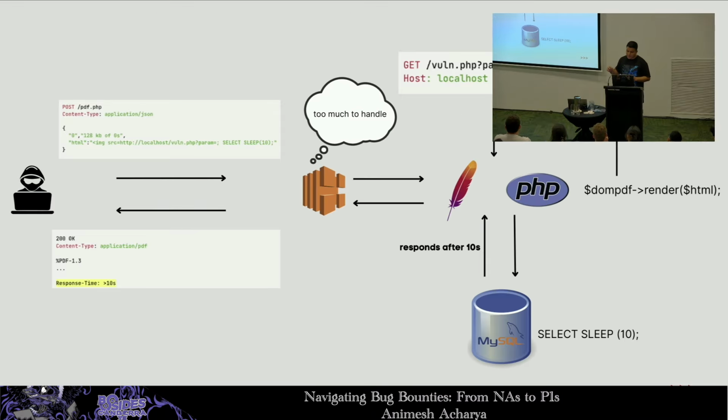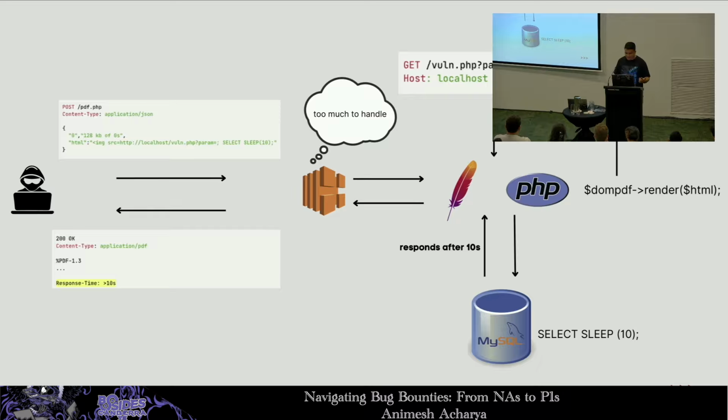And when it reaches the server, it's going to be too much for the WAF, so it's not going to see anything after the lot of zeros that we have at the start. The PDF converter is then going to try and fetch the GET request, and our SQLi will be triggered on the server side, because the PDF runtime will just make the GET request to localhost, and it doesn't have to go through the WAF, right?